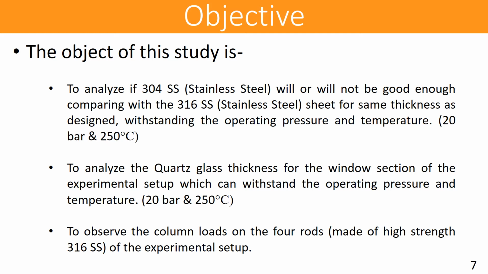I will also analyze the quartz glass thickness for the window section, which must withstand the high operating pressure. As per our design, there are four columns which will contain the whole weight of the system, so I also want to observe the column loads on the four rods of the experimental setup.